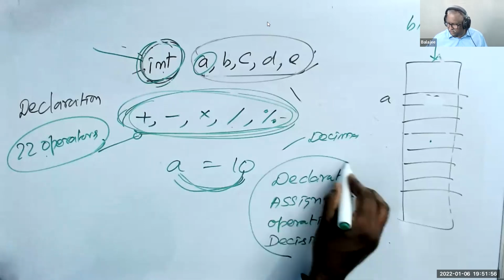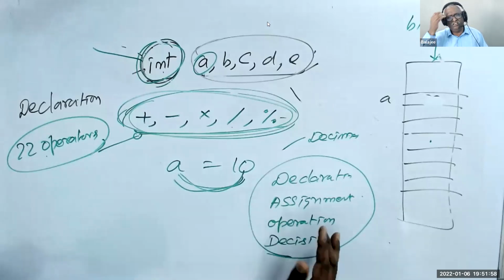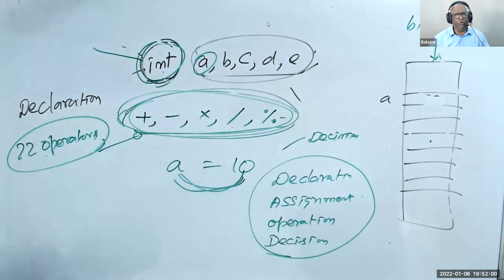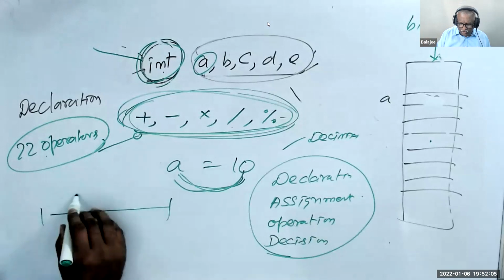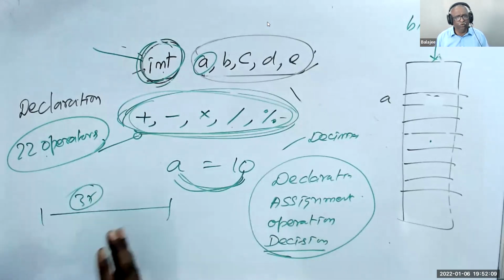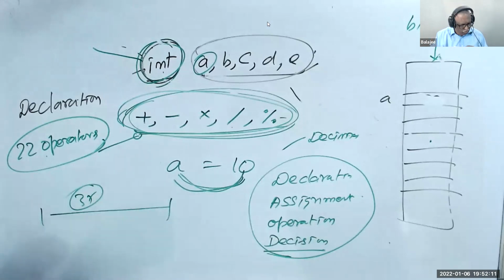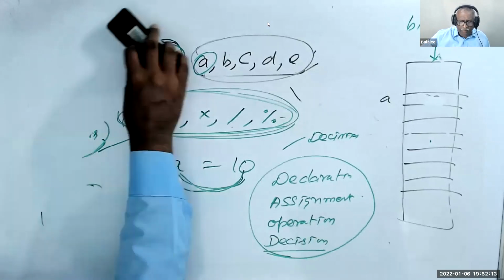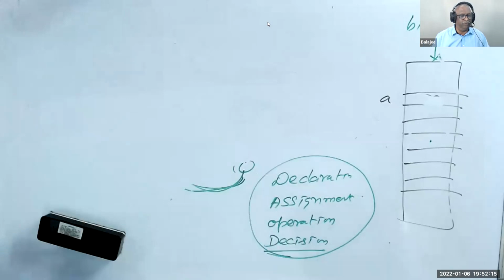If you know this, you have done. You can write my programs up to 35 problems. You can do very well if you know up to this. You concentrate on that. So this is the way C programming has to be learned, not the other way.